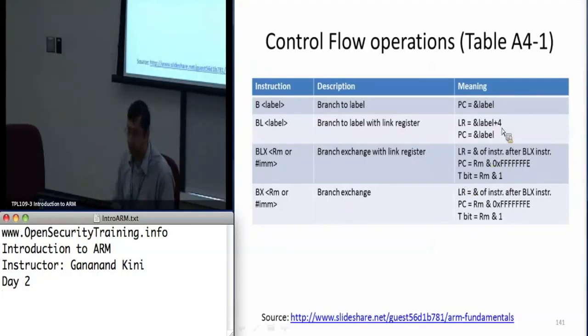So because of the pipeline, you have to address 4 ahead. And I'm assuming we're in thumb mode here. So when this branch with link occurs, you're assigning the link register with the address of the label +4. So when it returns, it's going to return to 2 instructions ahead, essentially.